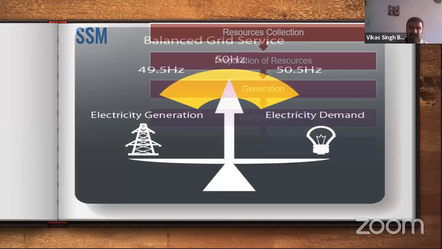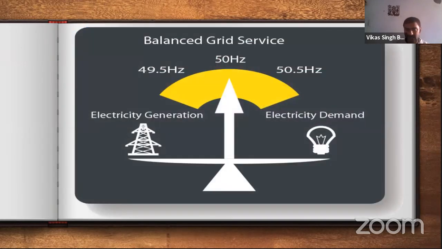This is the case of India, where the frequency is 50 hertz. If the generation and demand both are equal, then the frequency is 50 hertz and the grid is balanced.